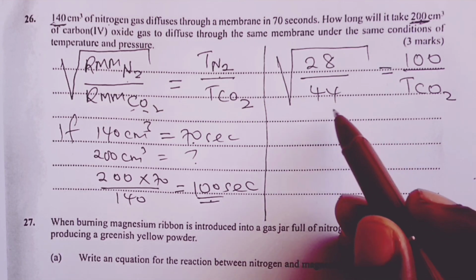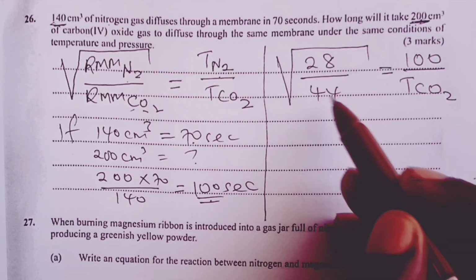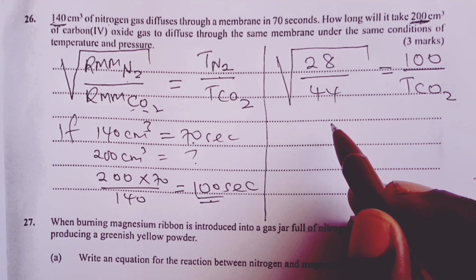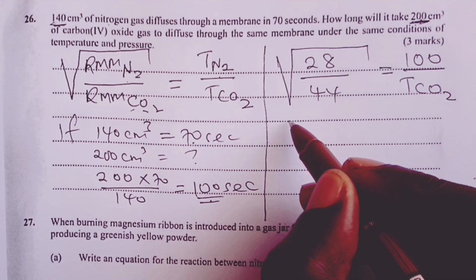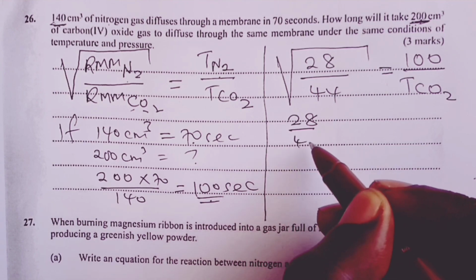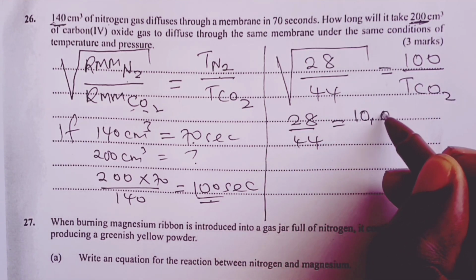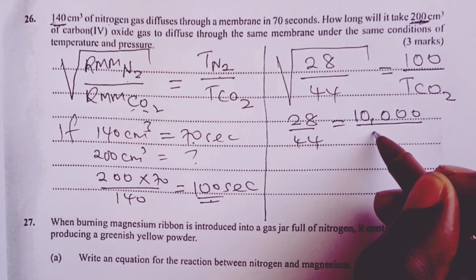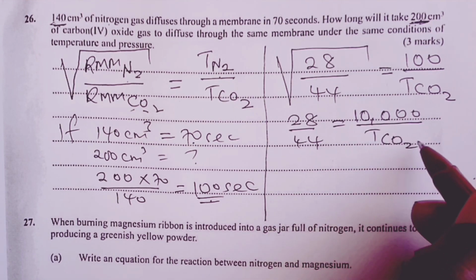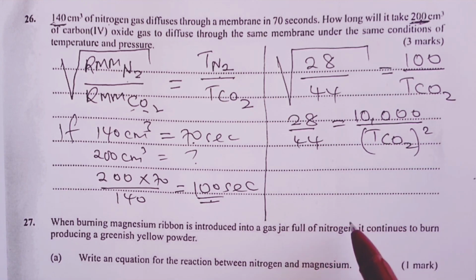Working out, I will have to square both sides to get rid of the root. So 28 over 44 should give me square of 100 is 10,000, and square of time of carbon 4 oxide remains this square.